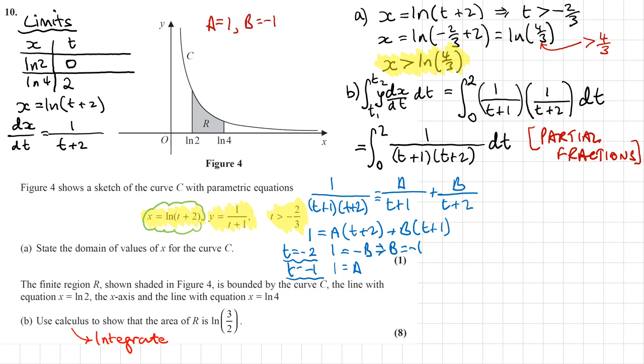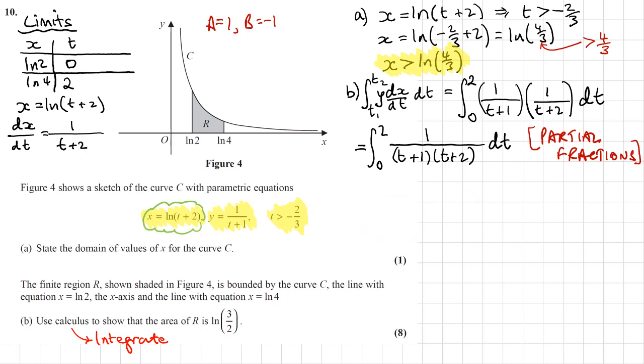And then I can write down my partial fraction, which I can integrate. So I now have the integral between 0 and 2 of a over t plus 1, so that's 1 over t plus 1. B is negative 1, so it's minus 1 over t plus 2. I'm going to integrate that with respect to t.